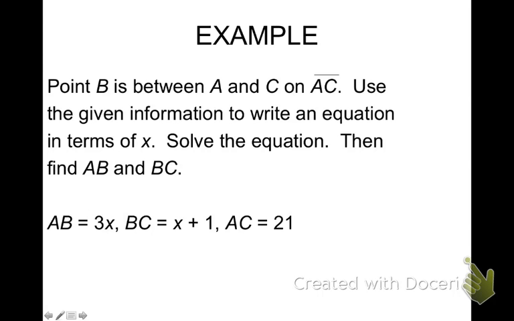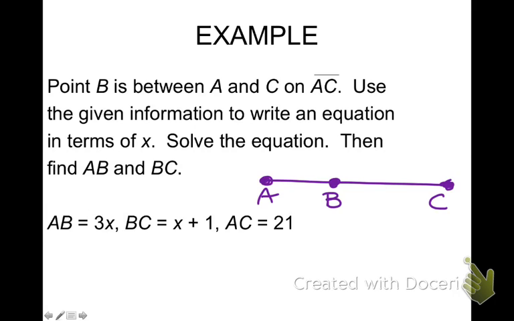So I'm going to put it up here so the back of the room can see it. Let's make line segment AC. And then we're going to put point B just somewhere in between. If you want it in the exact middle, it doesn't really matter. Just put B somewhere in between A and C.